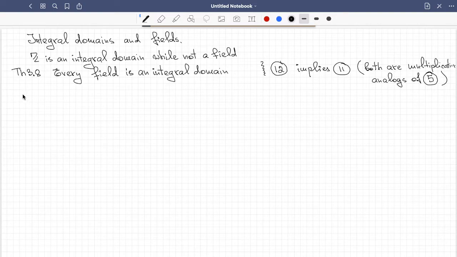Proof: let R be a field. Assume AB is 0 in R, with both A and B elements of R, of course.